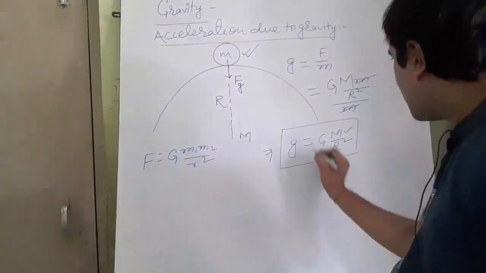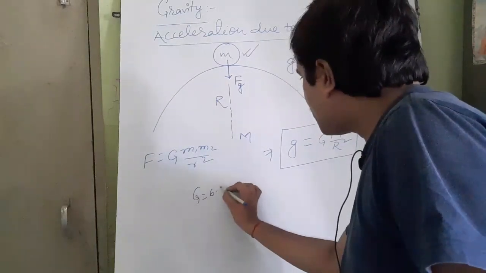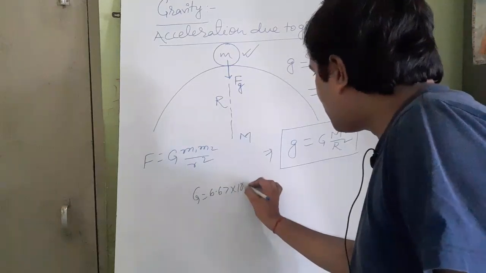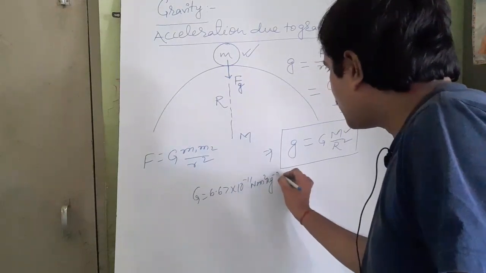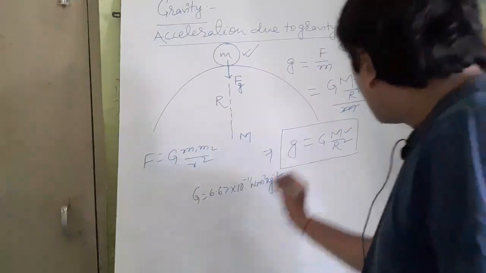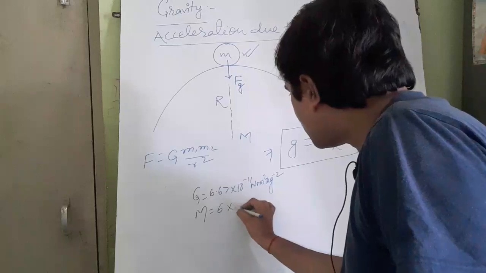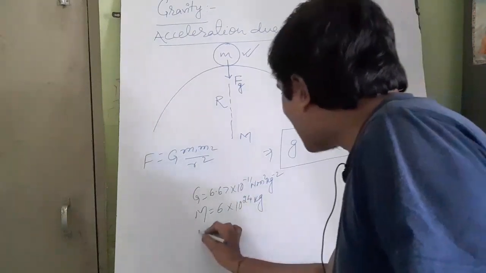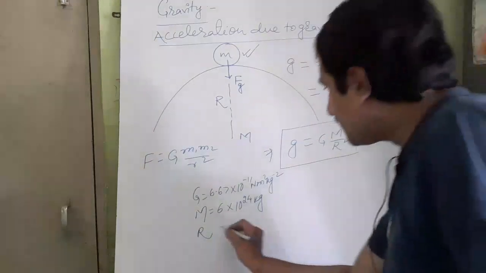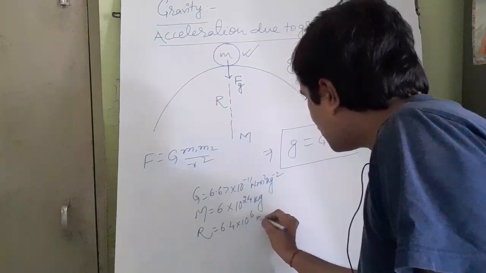Now you can think what will be the value of g. Capital G is equal to 6.67 into 10 power minus 11 Newton meter square per kg square, which you already know. Capital M, the mass of the earth, is 6 into 10 power 24 kg, and R, the radius of the earth, is 6.4 into 10 power 6 meter.